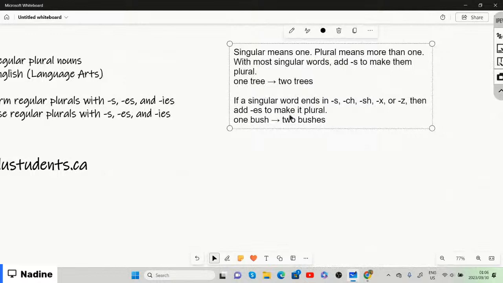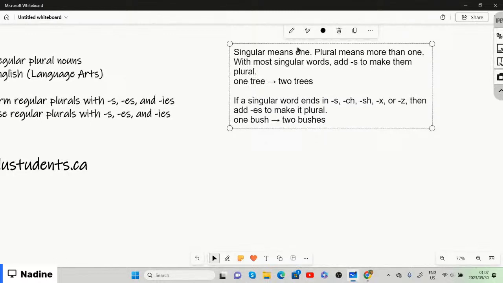So if we make mention of something that is singular, then it's like saying it is one of something, and plural is two or more of that specific something. And when it comes to most singular words, we mainly just add an S to make them plural.